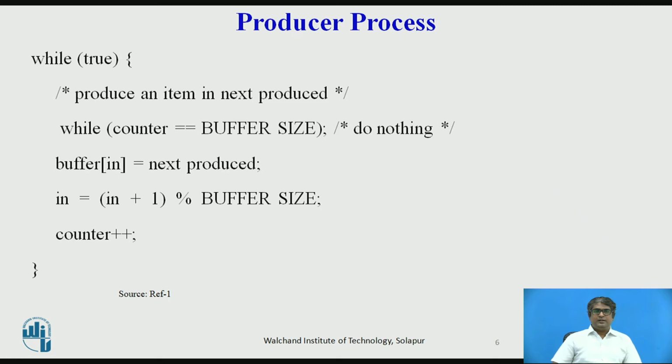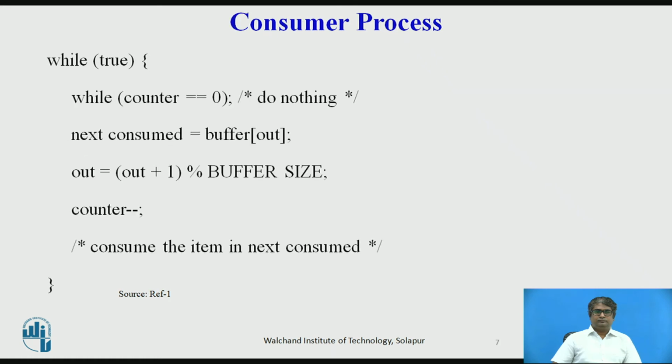Counter is incremented every time we add a new item to the buffer, and it is decremented every time we remove one item from the buffer. The code for the producer process can be modified as shown here. The code for the consumer process can be modified as shown here.